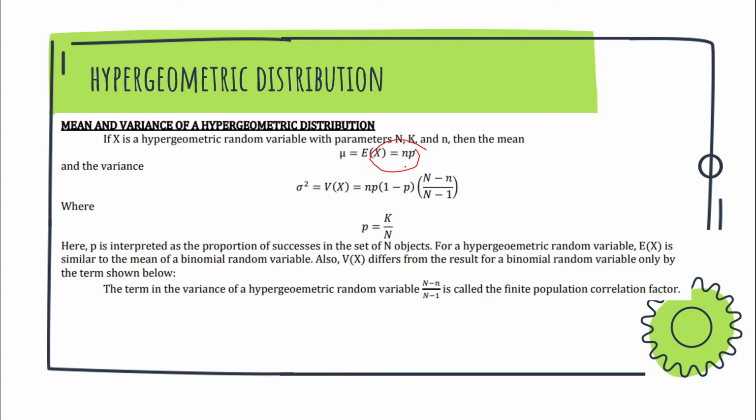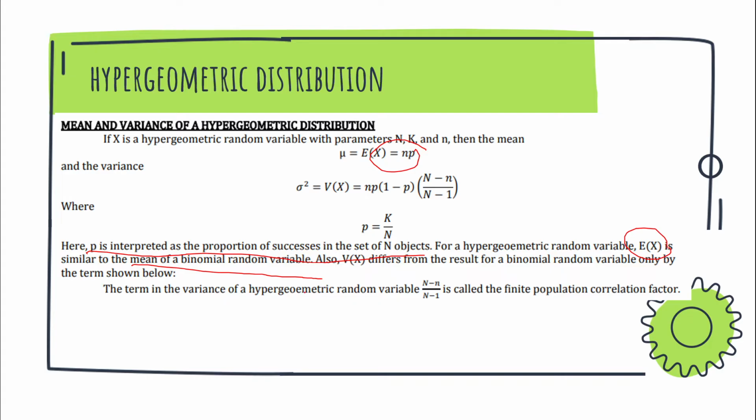Here p is interpreted as the proportion of successes in the set of N objects. For the hypergeometric random variable, the expected value of X is the same as the mean of the binomial random variable. The variance also differs from the result of the binomial variable only by the term shown below.